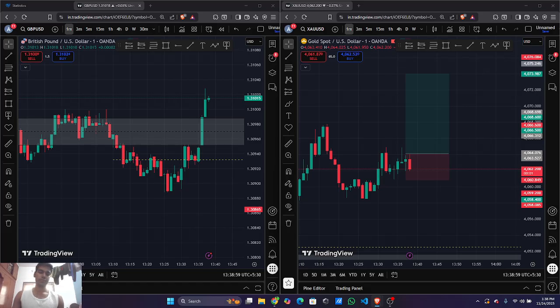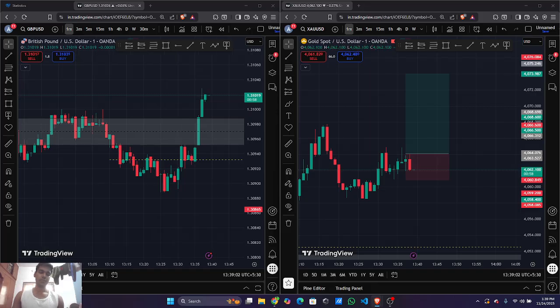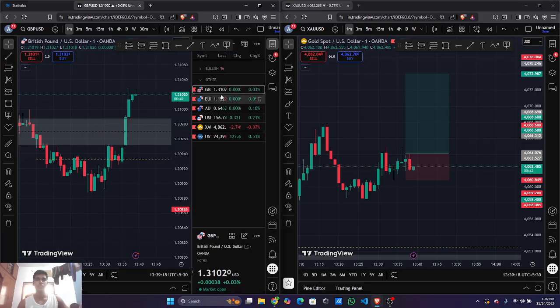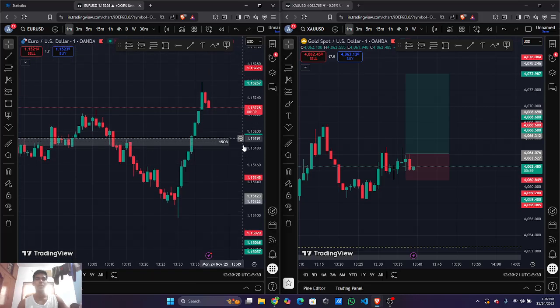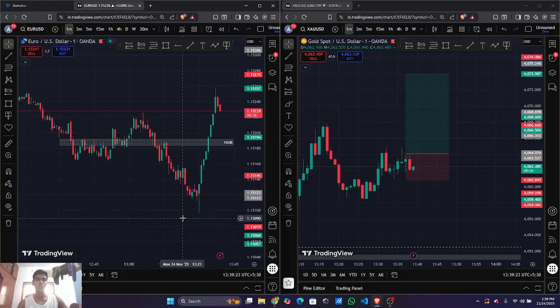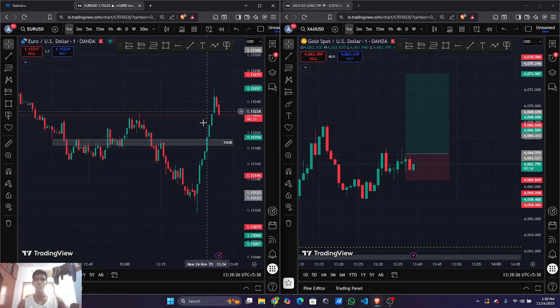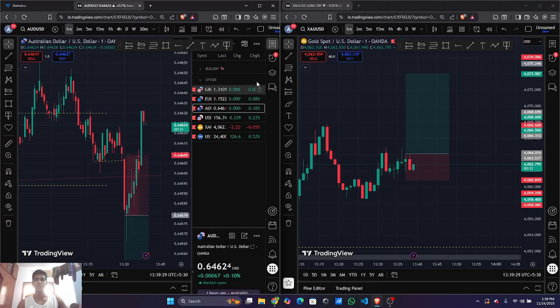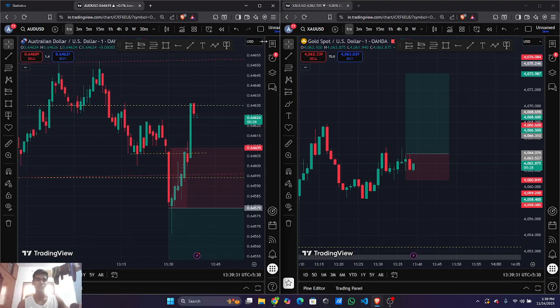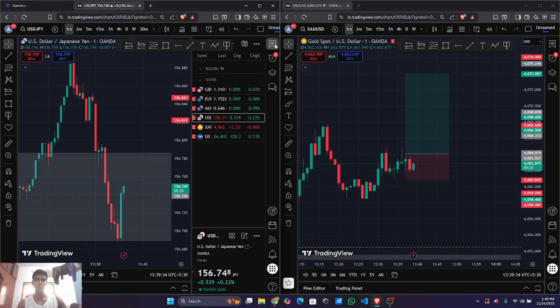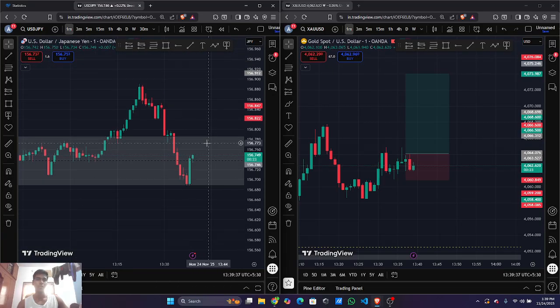JPY. I think it will reverse, but it is not worth trading. Displacement is good.